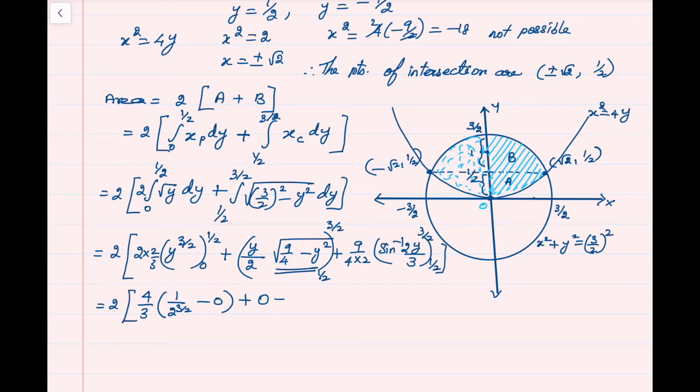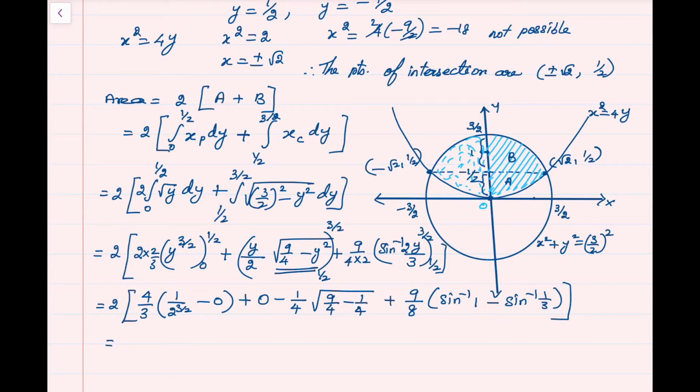Lower limit will be y is half, half by 2 is 1 by 4 root of 9 by 4 minus half square, plus 9 by 8 times sine inverse of 2 by 3 into 3 by 2 will become sine inverse of 1 minus sine inverse of 2 by 3 into half will be 1 by 3.